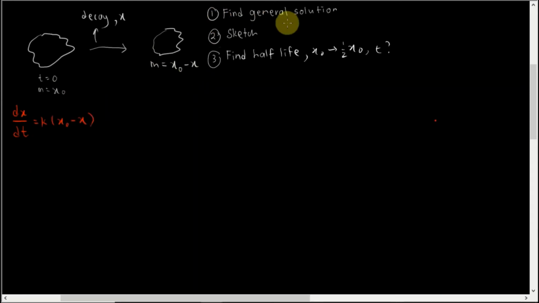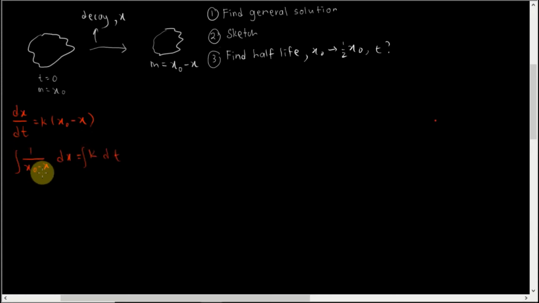Therefore, to find general solution, we will just solve this as normal. So we see that we can separate x from t. So we will bring this x to the left side. It becomes 1 over x naught minus x dx equals to k, I leave on the right side, dt. And then integrate both sides.